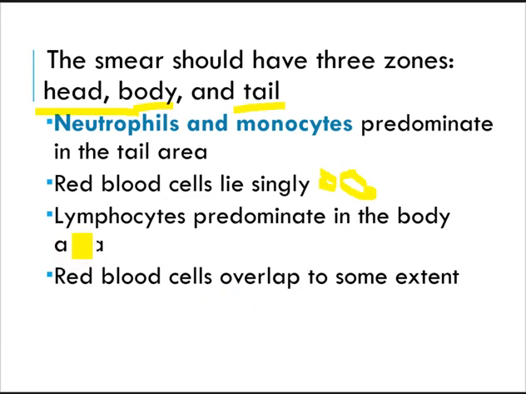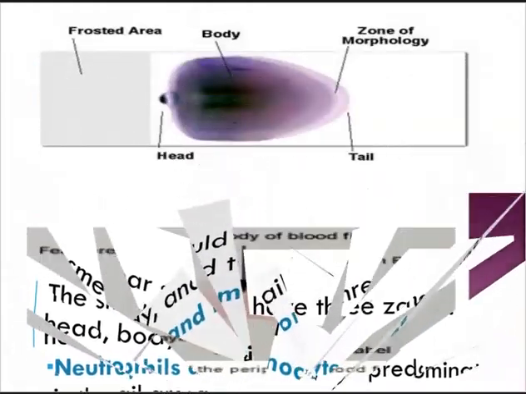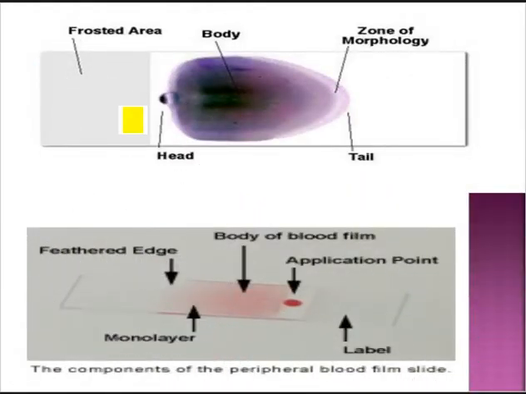The normal configuration of your red blood cells is that they either lie singly or sometimes overlap, but not overlapping to an unacceptable degree. Okay?